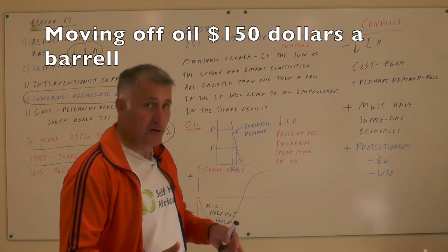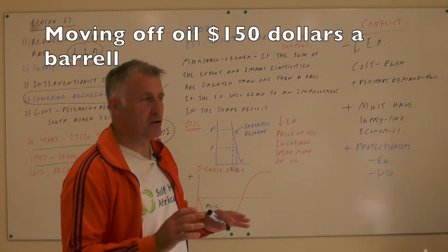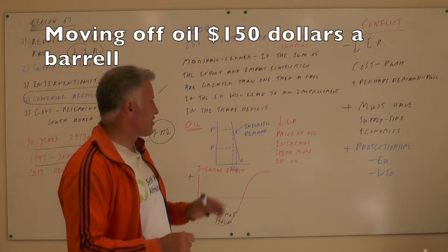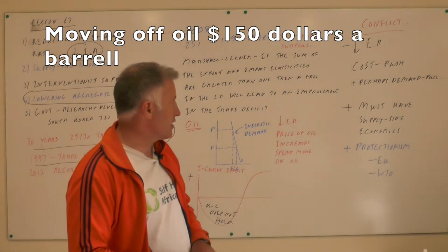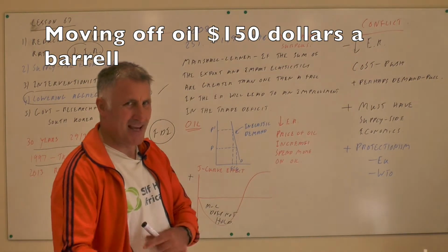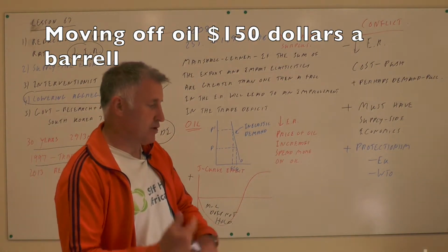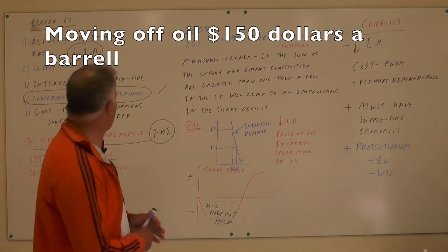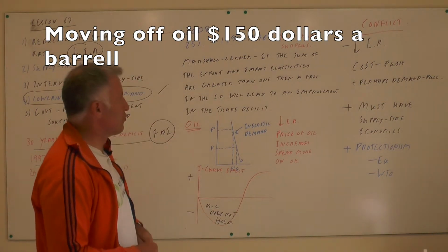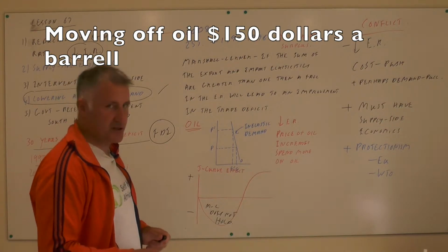If it gets up to $150 a barrel, then green technology will actually pay for itself. So slowly we will create these new industries which will stop us importing the oil. Once again, we innovate, and then we can create new industries from there. However, in the long run, a fall in the exchange rate will improve the trade deficit.